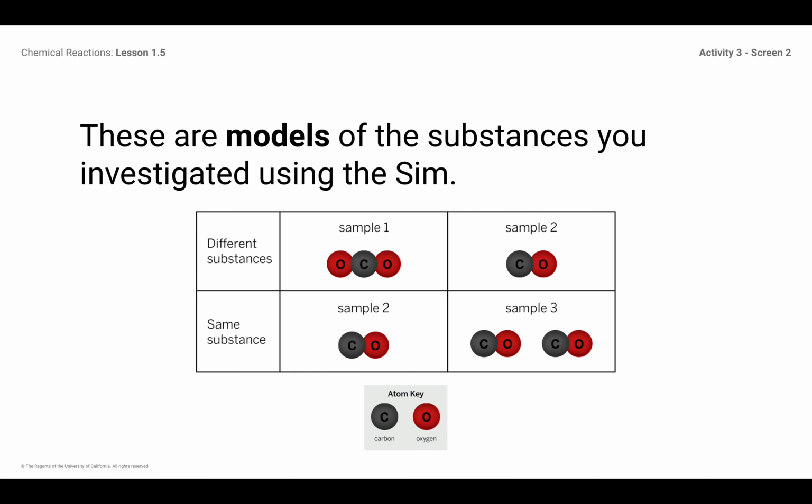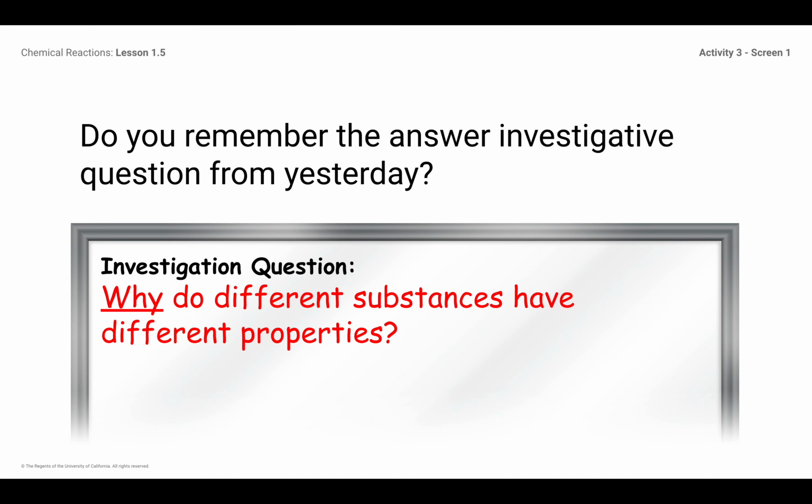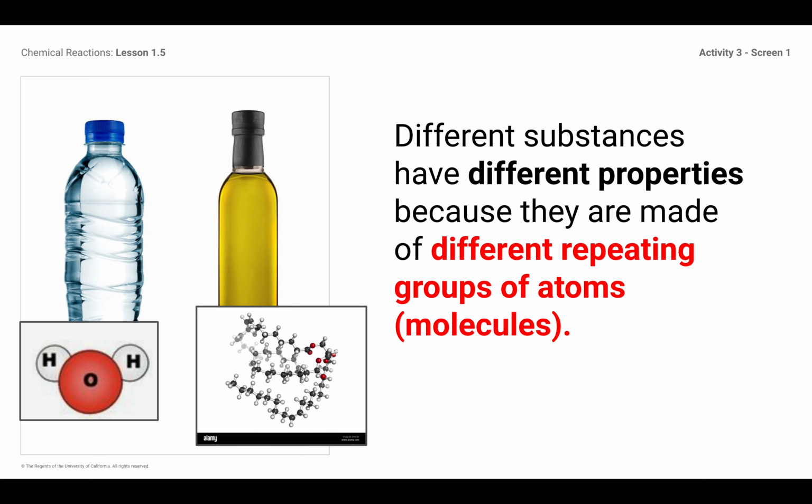Okay, so we talked about that. Last thing I want to talk about is yesterday you guys read that article, and we were trying to answer, why do different substances have different properties? And in class, I was asking the kids, okay, so we know different substances have different properties. Why? And the answer is because they're made of different atoms or different atom groupings, different patterns. So if I show you here, I've got water and I've got olive oil.